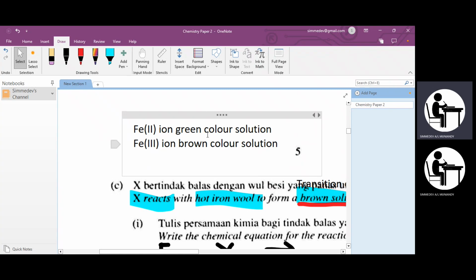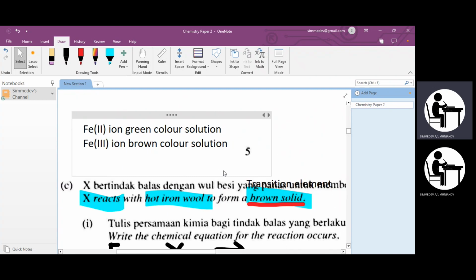There is a color difference between these two, and it doesn't necessarily form a solution. It depends on the experiment. In this experiment, it forms a brown solid, meaning Fe3 plus ion is present. It definitely forms a brown color in any state, either solution or solid, and it's important for you to remember this fact.